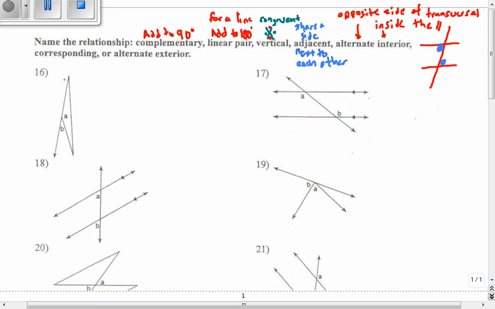Now, alternate interior, I want you to take a look at this. Think about how we label our parallel lines. Are alternate interior angles supplementary or congruent? Which one is it? So let's think about it. This one here is vertical angles with the top right. When we pull it down, we got top right, bottom left. So this angle corresponds to the vertical angle of this one. So they are congruent.